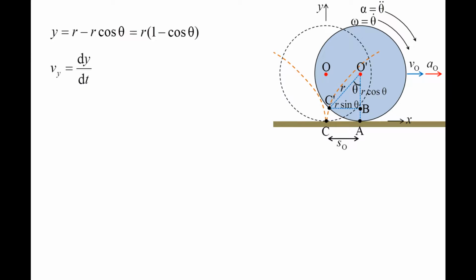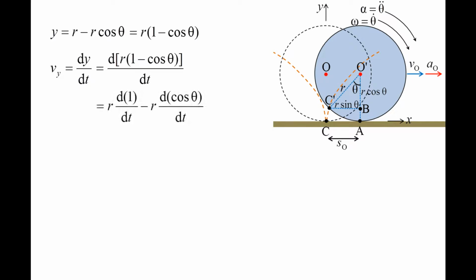The y-component of the velocity, vy, is the time derivative of the y-coordinate. So plug in the equation for y and pull r out of the derivative because it is constant. Then break up the derivative into two terms and take the derivative of each term. d1/dt is 0 because the derivative of any constant is 0, and using the chain rule, d cosine theta/dt becomes negative sine theta times theta dot.